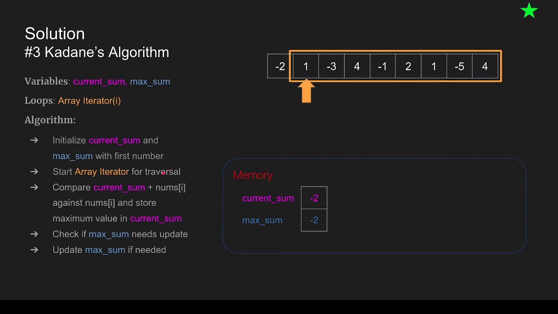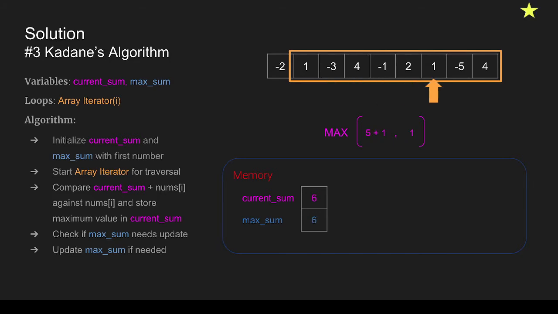So the algorithm starts with similar initializations. Current sum equals -2, and the maximum is initialized to -2, and the iterator updates the value: if the max of current sum plus the current element or the current element alone is greater, the current sum takes it, and the maximum gets updated depending on the value that we have currently.